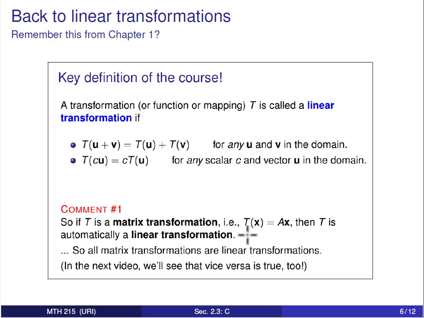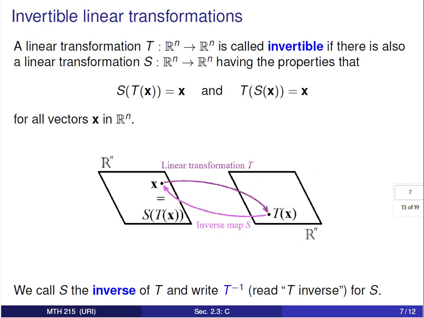And we're going to explore that connection between linear transformations and their matrices in this video, particularly when we talk about inverses. So we have defined what it means for a matrix to have an inverse, but now we're going to talk about what it means for a linear transformation to be invertible. We'll say that a linear transformation T mapping Rn to Rn is invertible if there is another linear transformation S that has the property that when you take S of T of x, you produce back the vector x.